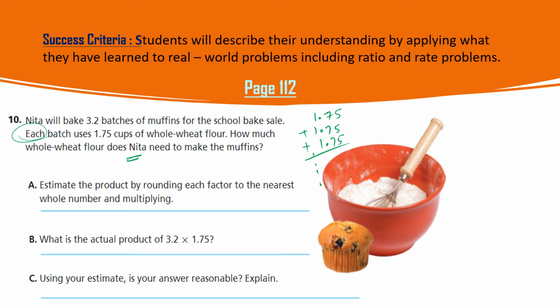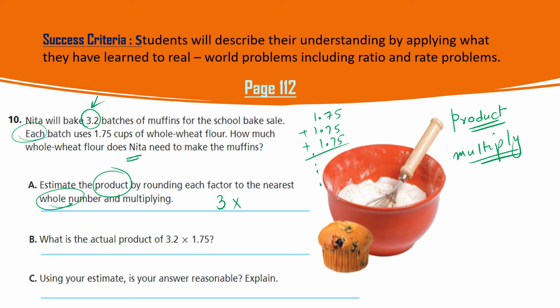Estimate the product. Product means multiplied. So write in your vocabulary book that product also means multiply, to the nearest whole number. Now what is the round off of 3.2? After the decimal, the number is less than 5, so you will go back to the previous number, that is 3.